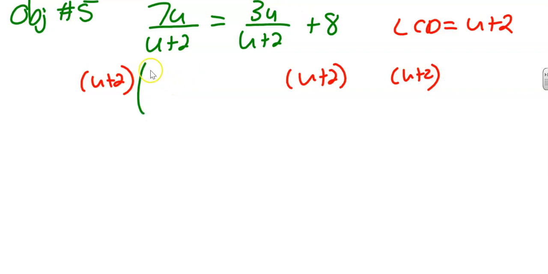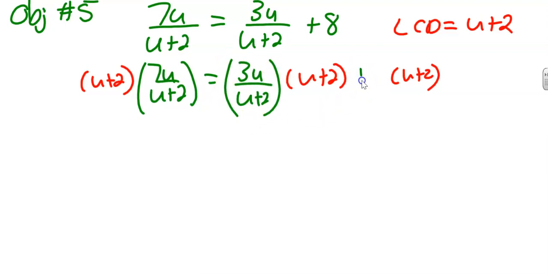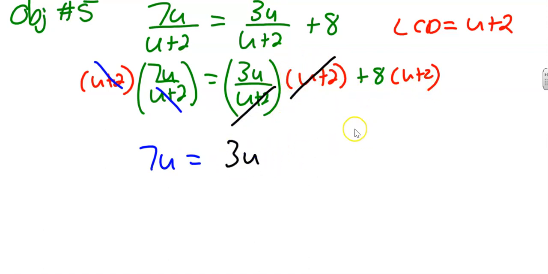Okay, so if we go back and multiply everything by that u plus 2. Okay, and then start to cancel. That cancels that, leaves you with 7u. That cancels that, leaves you with 3u, and then just do a little distributive property on the end.